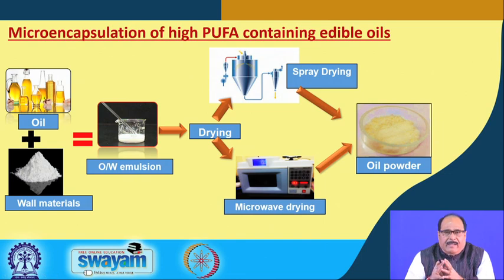We at IIT Kharagpur have also done some work on microencapsulation of edible oils. In our study we used different oil blends like sunflower oil and sesame oil in different proportions, and these blend proportions were optimized to have a high content of PUFA, that is polyunsaturated fatty acids, as well as more antioxidants.